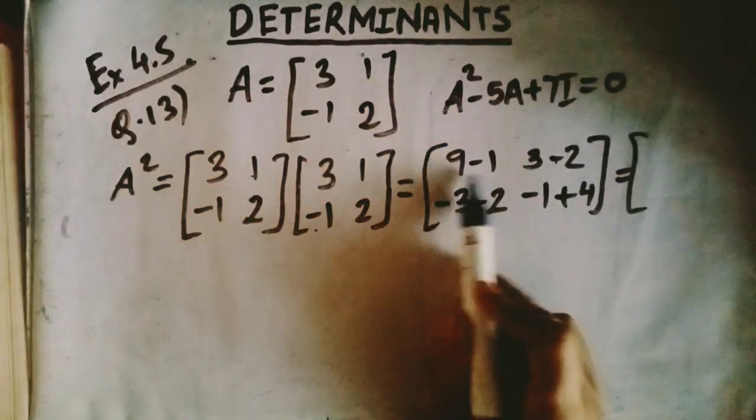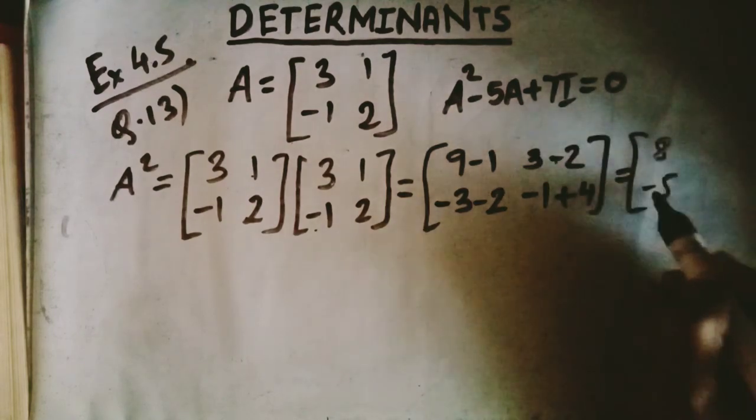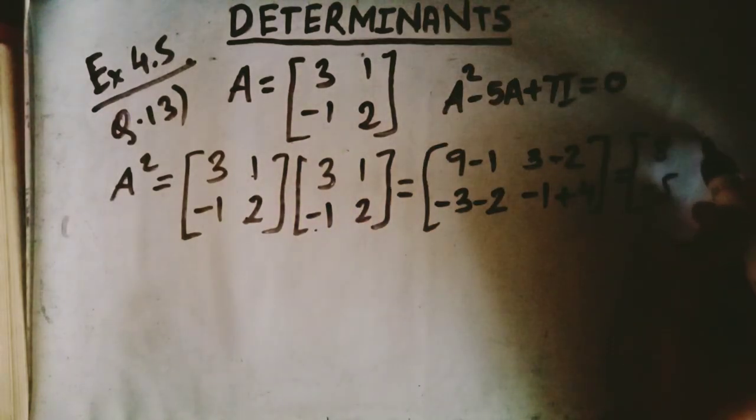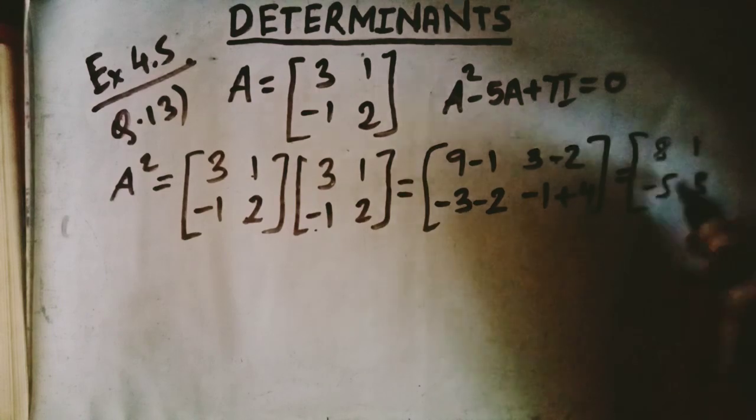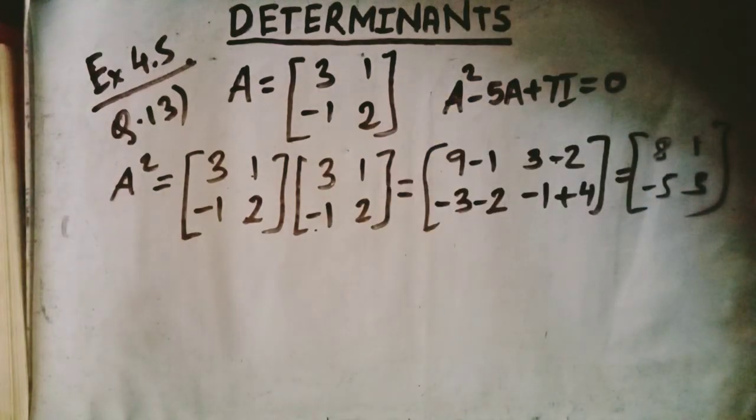So we'll get [8 -5; 5 3]. Okay, so this is your A square.